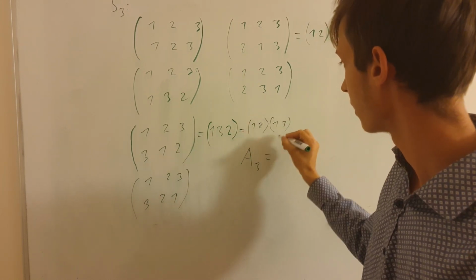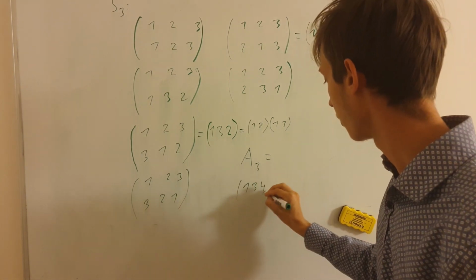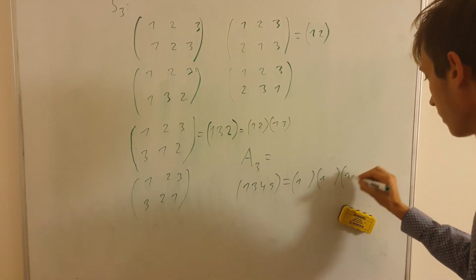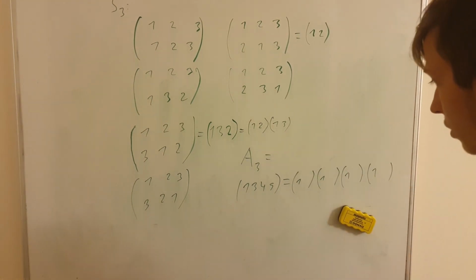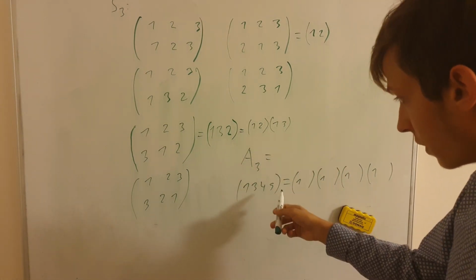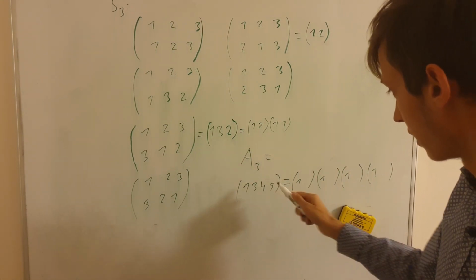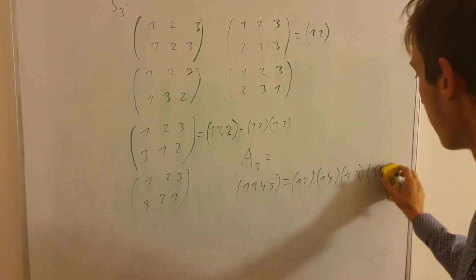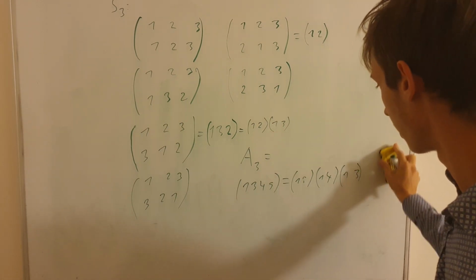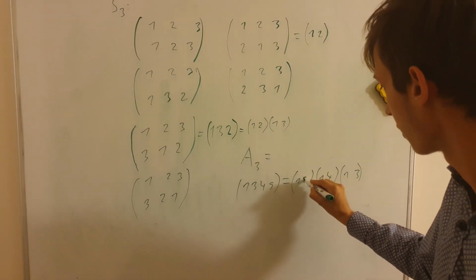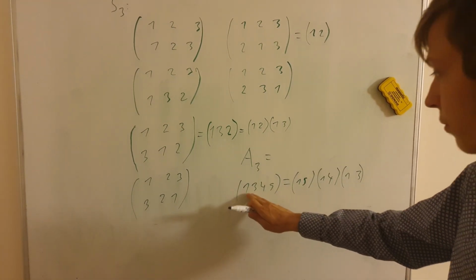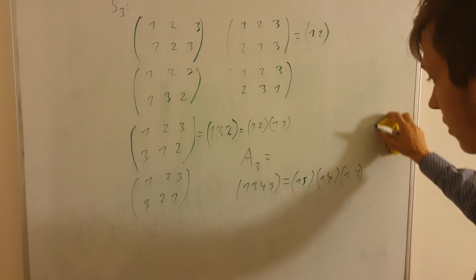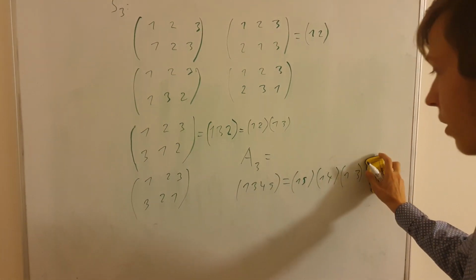So if there was, for example, 1, 3, 4, 5, we would do 1 4 times, and then we would go from the right, so this will be 5, this will be 4, this will be 3. The fourth one is not there because that was a mistake. We have an even number of numbers in the cycle, which means an odd number of transpositions. So this is how it would get rewritten.